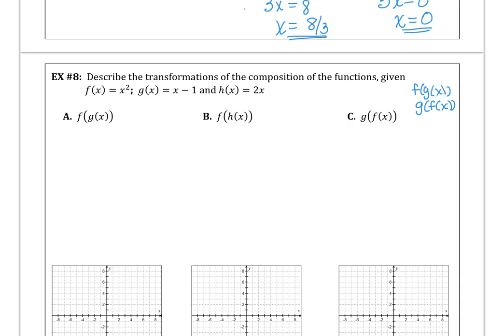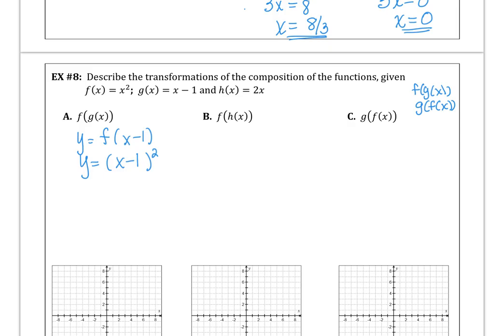But let's see what happens here. The f of g of x is when y equals the f of x minus 1. So y is going to be, f is x squared, so x minus 1 squared.